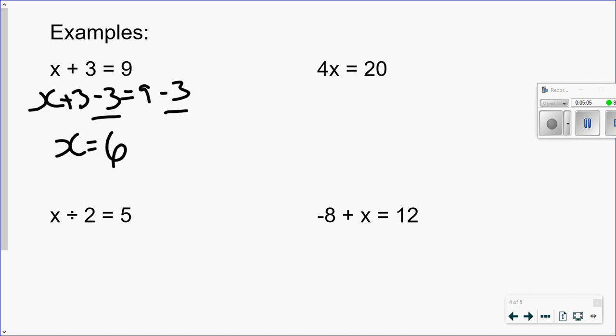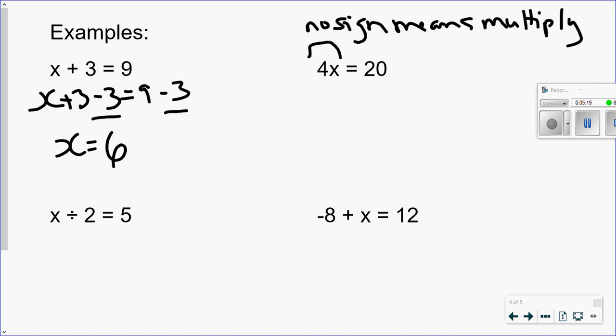Okay, here we have 4x equals 20. No sign. Hopefully you remember this from our collecting like terms unit, the polynomial unit. When there's no sign, it means that the numbers and the variables are being multiplied together.